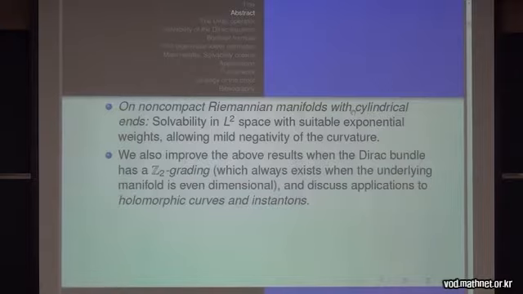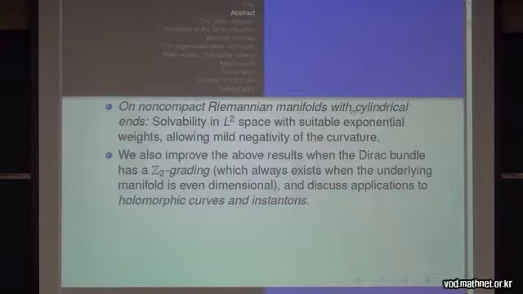I think the most important thing is that we have to consider the Z2 grading structure, that is, half Dirac. Because on compact Riemannian manifolds, Dirac is a self-adjoint elliptic operator, so its index is 0. So we cannot use the Dirac operator to produce useful invariants.